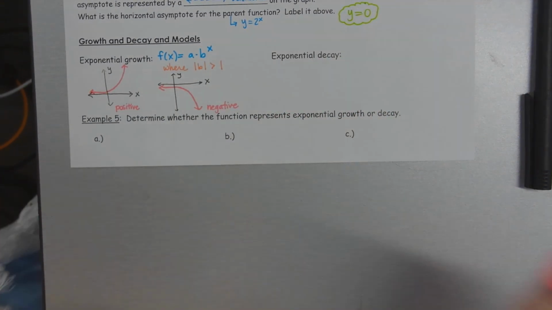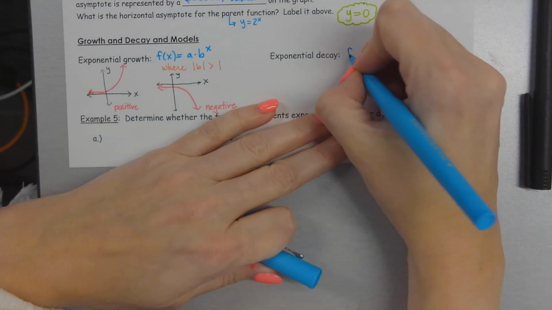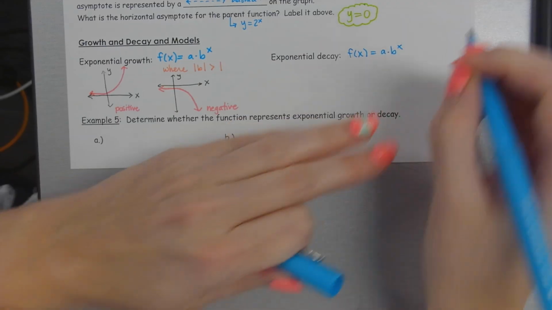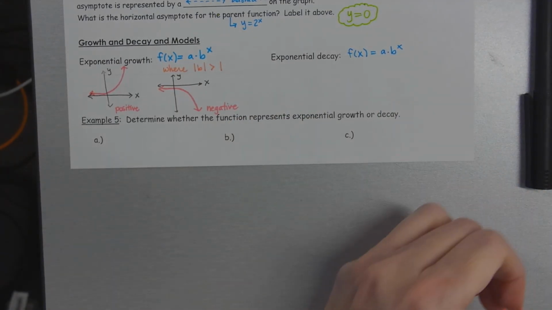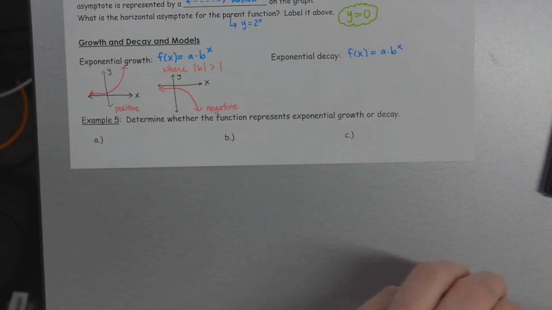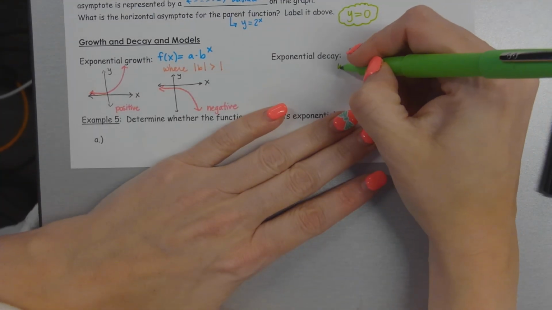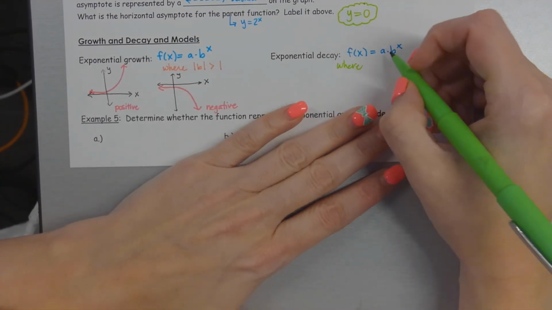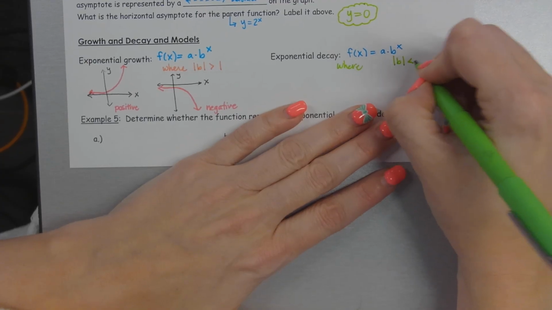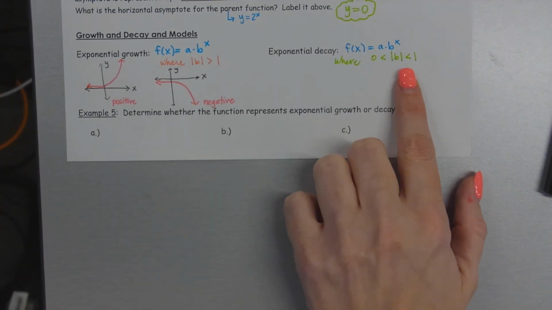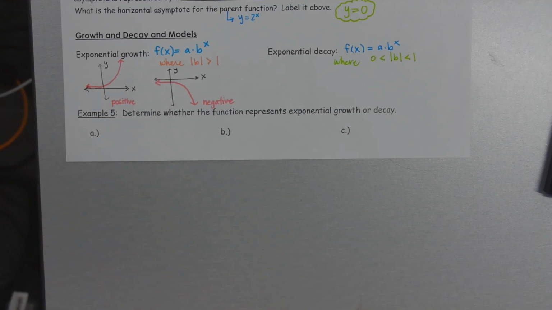Okay, now for exponential decay, it's the same formula. It's just your value of b is going to be different. So it's your same exponential formula, but this is where b, or the absolute value of b, is in between 1 and 0. Okay, so we just talked about, oh, it can't be 1 because then it would be a constant.